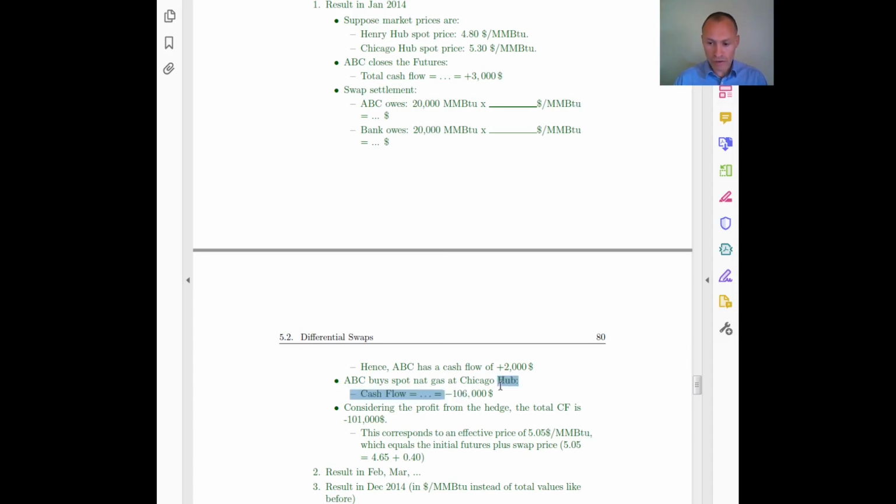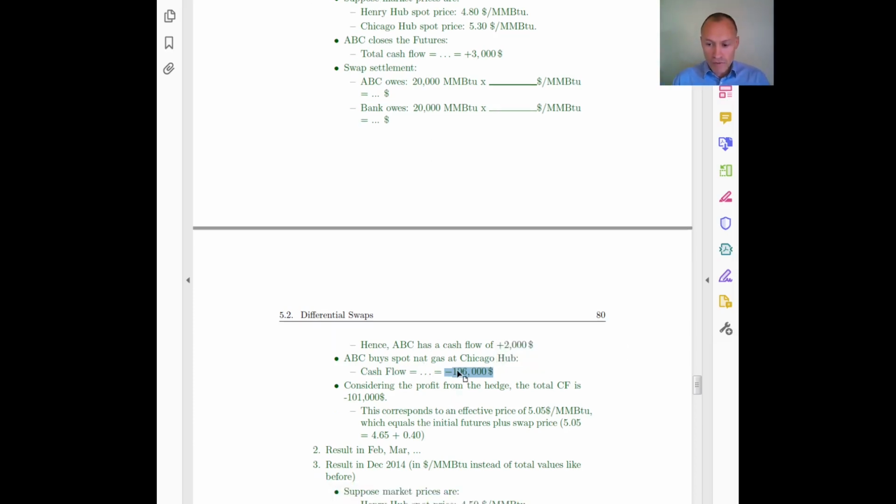This is the total we need to pay to buy the gas. So the net amount: I pay this, I receive this from the swap, I receive this from the futures. Net, I'm just paying 101.